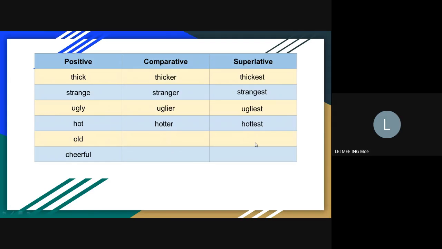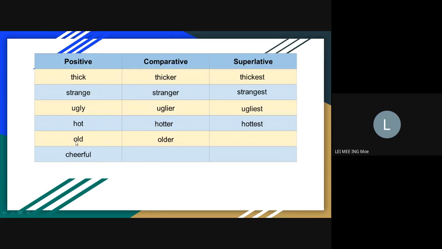Now, old. How about old? What is the comparative form for old? Five, 4, 3, 2, and 1. Yeah, the answer is older. So although this one is only one syllable, but we don't have CVC over here, right?